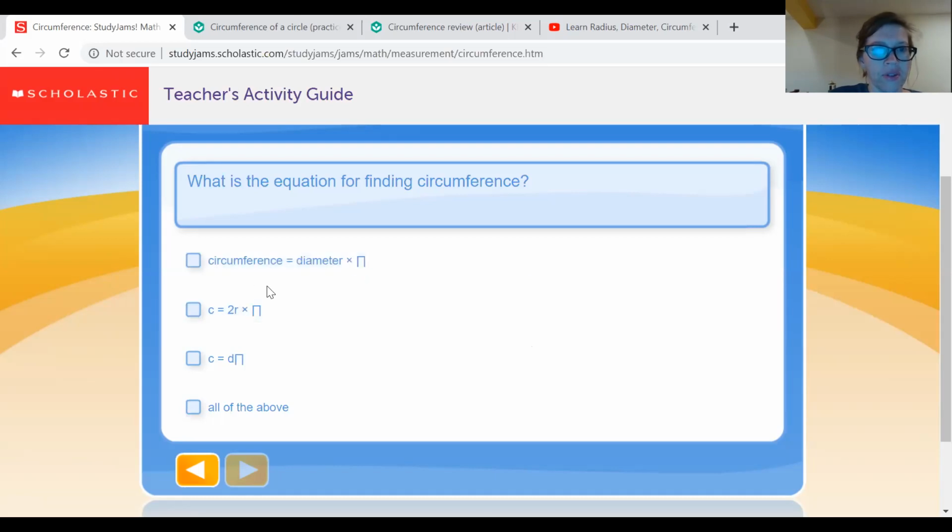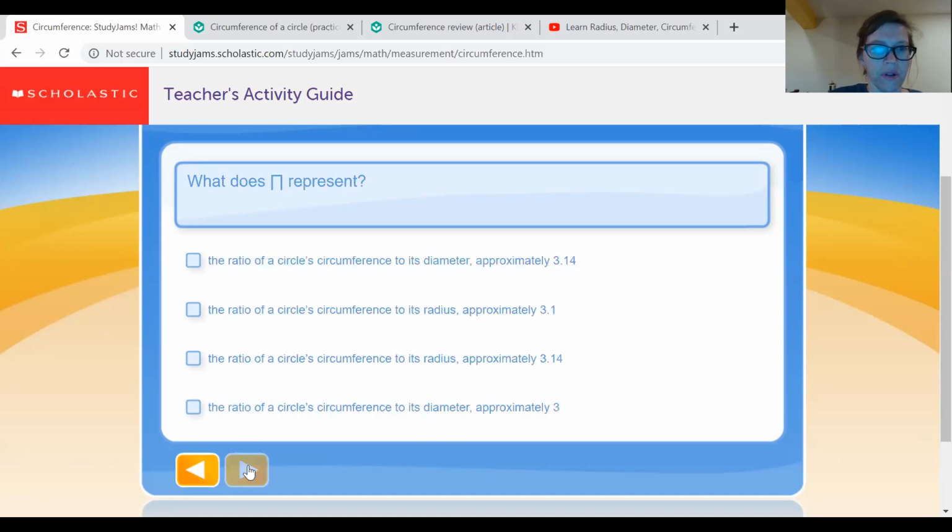So your choices are A, circumference equals the diameter times pi, B, circumference equals 2 times the radius times pi, C, circumference is equal to the diameter times pi, or D, all of the above. So you go ahead and choose what you think is the correct answer, and we'll check them here in a minute. I'm going to go with D, all of the above.